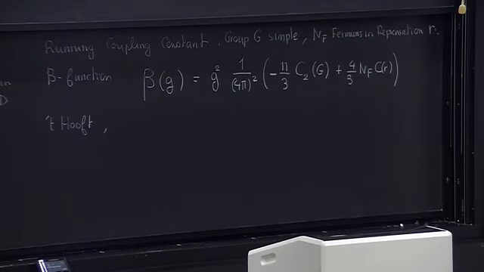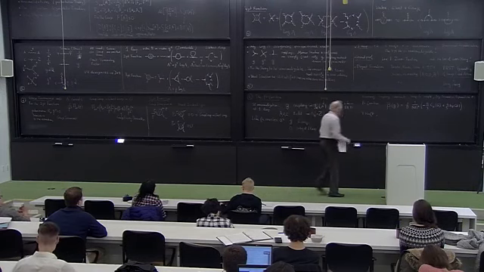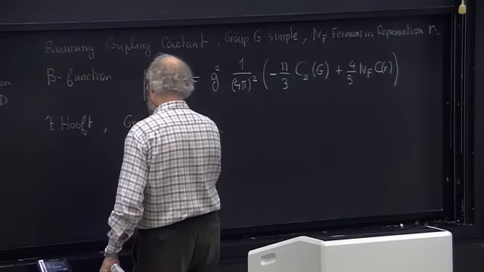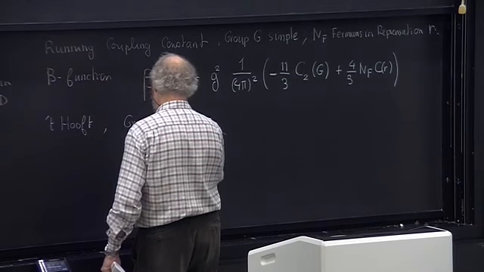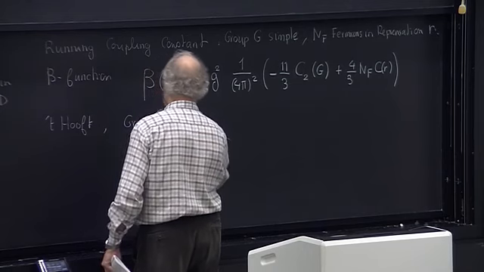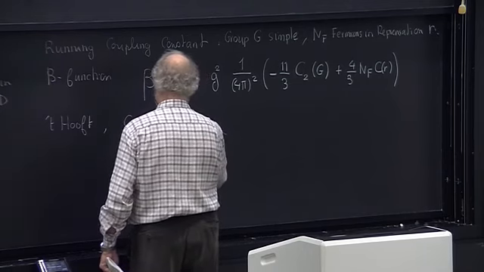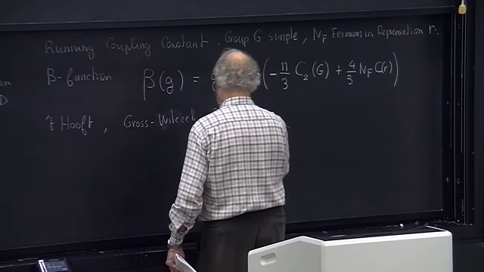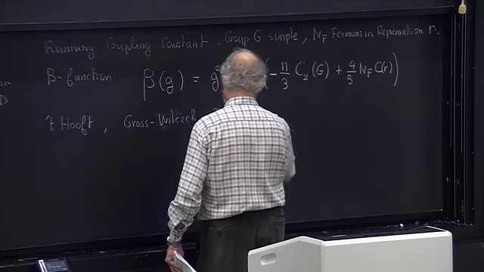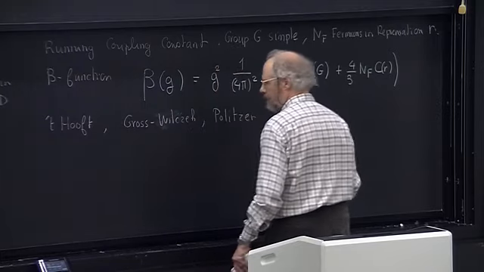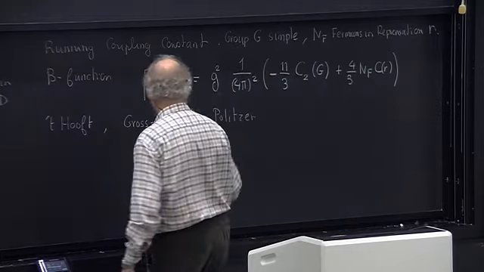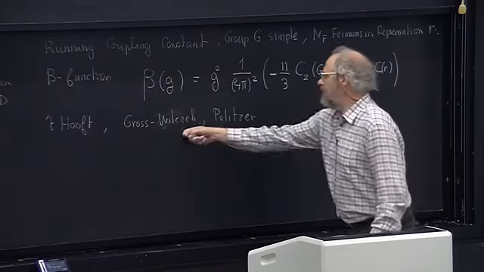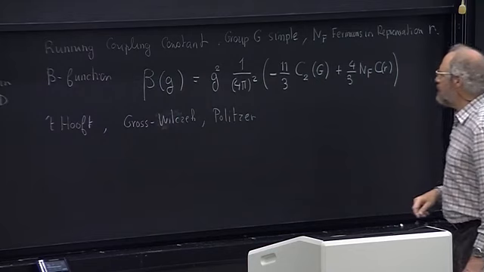It took some time, and then it was done for SU2 by Gross and Wilczek, and independently by Politzer, a bit later. So this was 72, I think, and this was 74. And they realized that it was important for strong interaction.